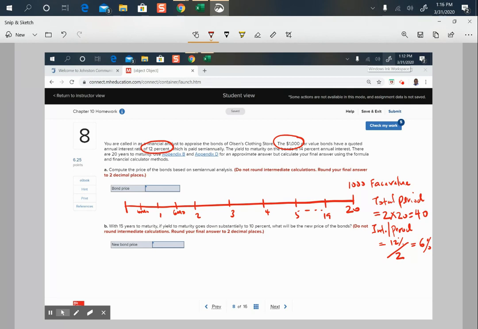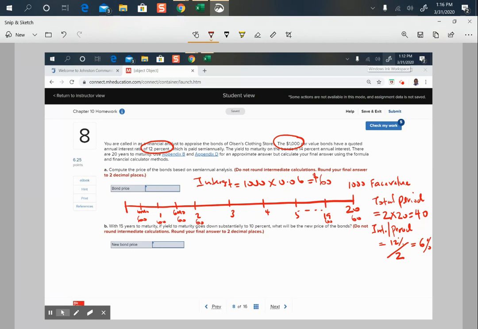Sorry, it has a face value of $1,000, and therefore our interest here is going to be the $1,000 times your rate per period, which in this case is 6%. And this bond is paying you $60 every 6 months. So every 6 months, you have 60, 60, 60, all along again until the 20th year.